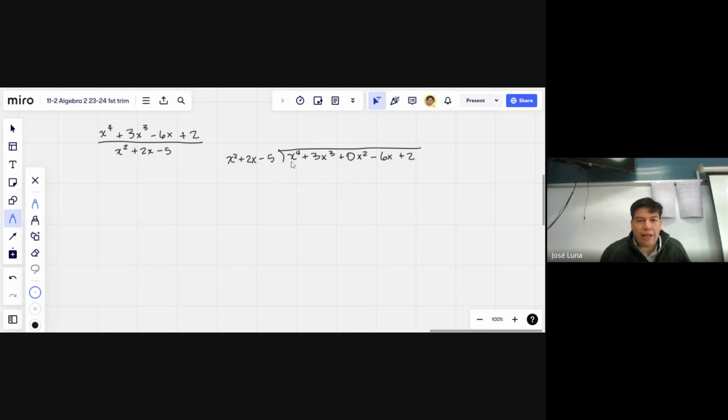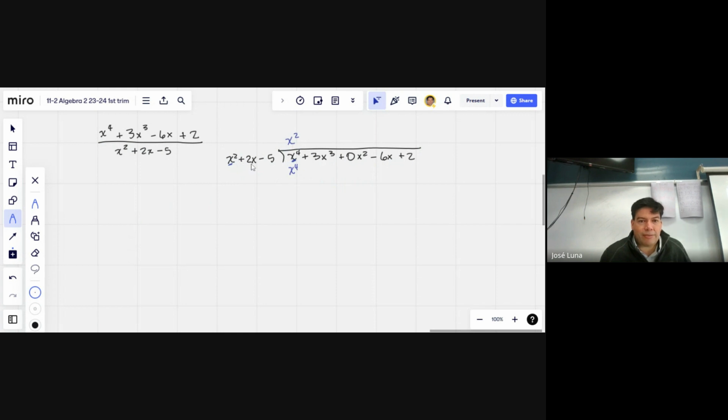And then we proceed in the same way as before. We look only at the leading terms, x to the 4th and x squared. And we ask, what times x squared is x to the 4th power? X squared. That's right, it's x squared. So we write here x squared. Now we multiply. X squared times x squared is x to the 4th power.